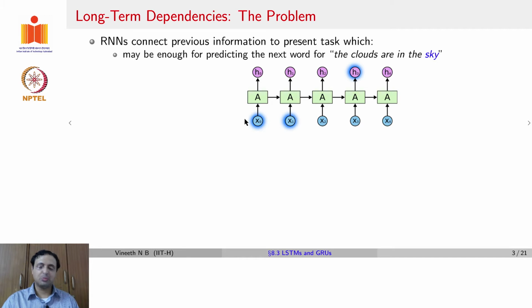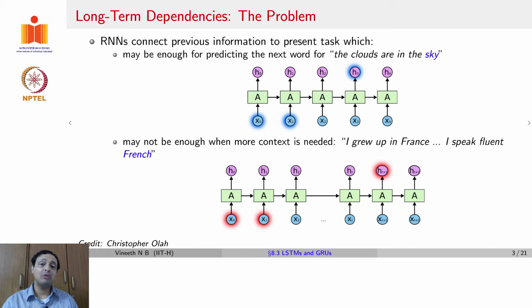Let's revisit this problem of long-term dependencies. Say you are dealing with a sequence learning problem which wants to predict a sentence, "the clouds are in the sky", or classify the sentiment or the category of the sentence. An RNN may be good enough because the word sky may only depend on the word cloud, which is just 2 words before, if you remove all the basic words in the phrase.